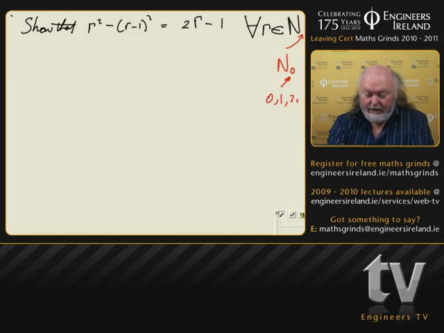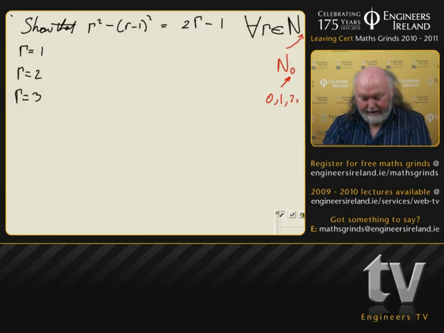So let's show this, okay? What we're going to do is we'll write a little shopping list here. When the r value is progressively getting bigger, we'll run down along here and we say, what happens to this side here? When r is 1, you get 1 squared minus (1 minus 1) squared.